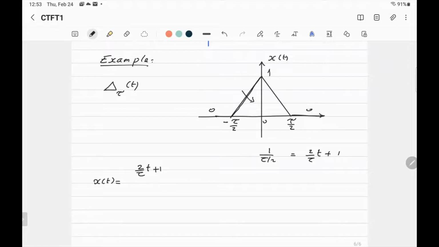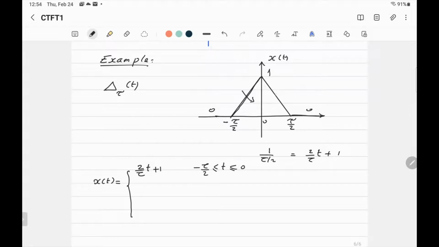Let's check if this is the right equation or not. If you put t equals 0, it will be 1. That's right. If you put t equal negative tau over 2, negative tau will cancel tau, 2 is cancelled, negative 1 and 1, 0. That's right. So that works in the interval negative tau over 2 less than t less than 0.